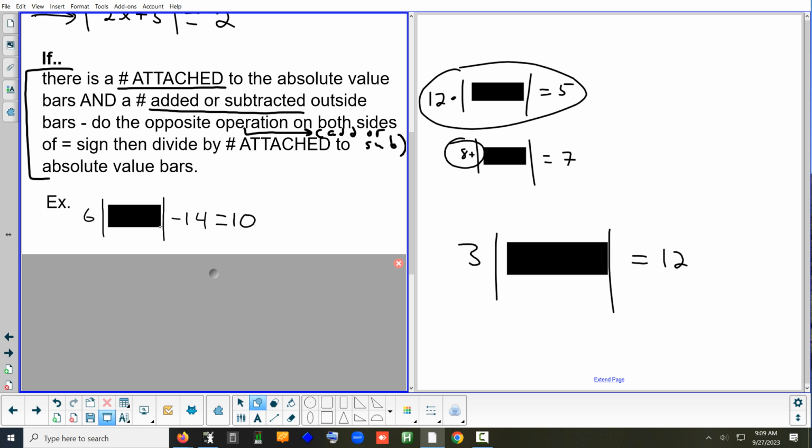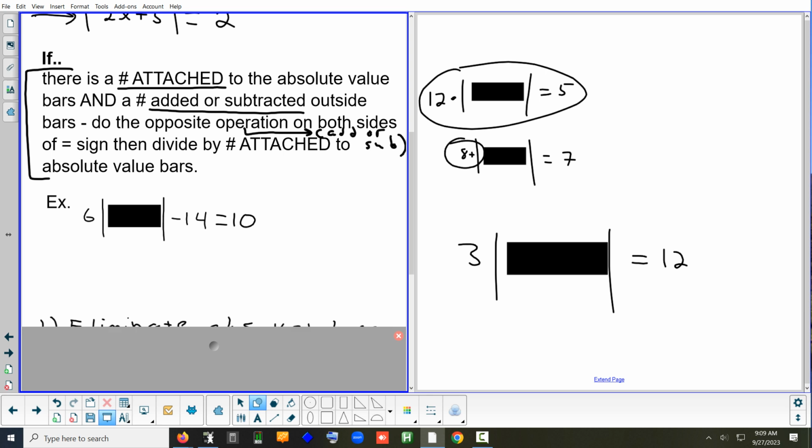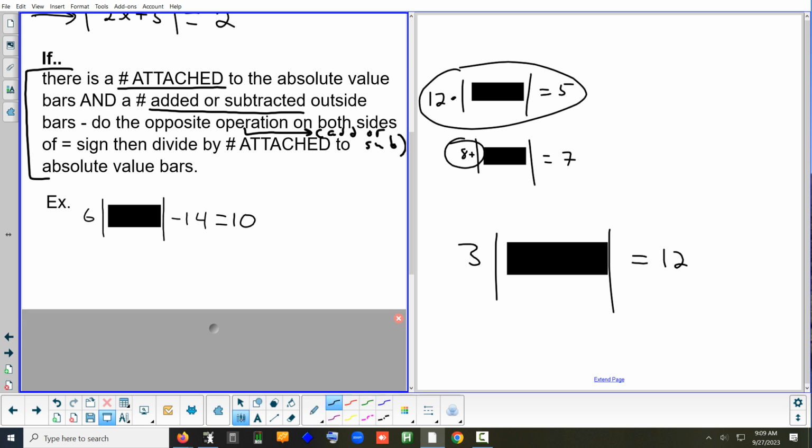Yeah, we've got both. So the first thing to do is the opposite operation, which is the adding or subtracting. You always do the adding or subtracting first, and then you do the multiplying and dividing last. So is there any adding or subtracting that we could do to get those bars by themselves?